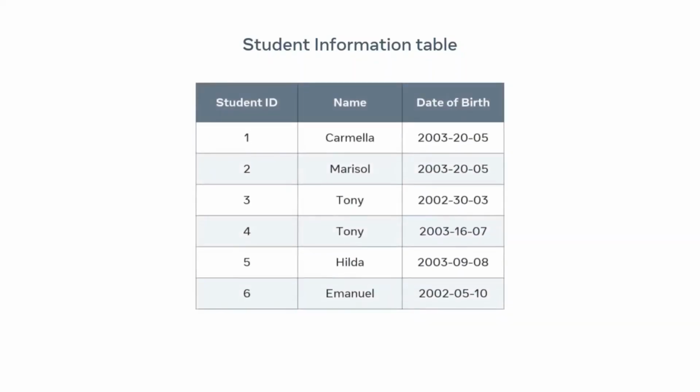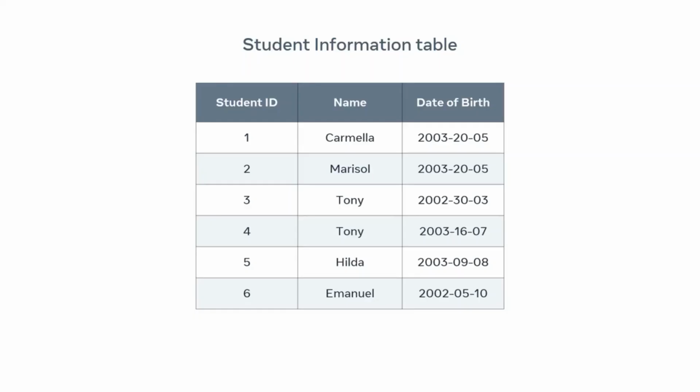Let's take the example of a table called Student that holds key information on students in a college. The table contains three columns: a student ID column, a name column, and a date of birth column. I need to use this table to find the date of birth for a specific student. I can't use the name column because it has duplicated values. There are two students named Tony.